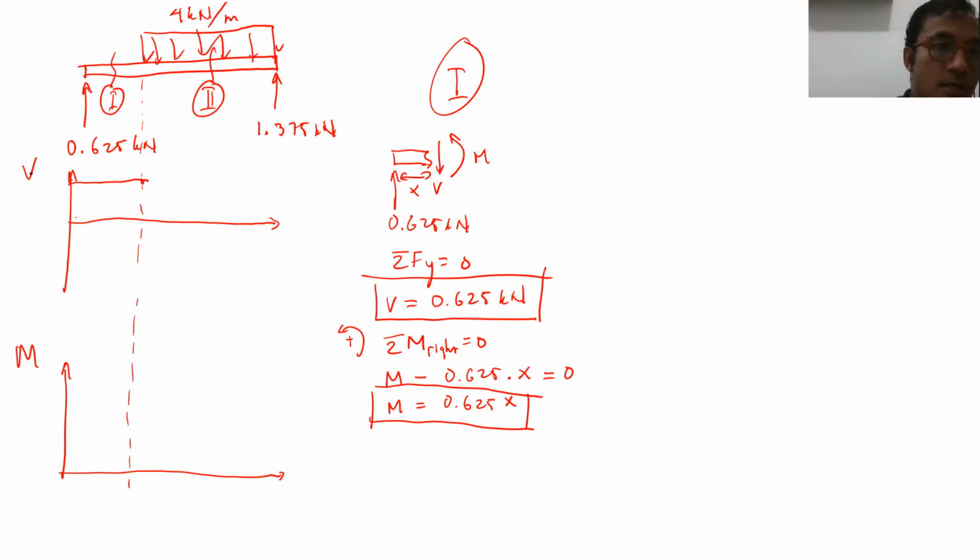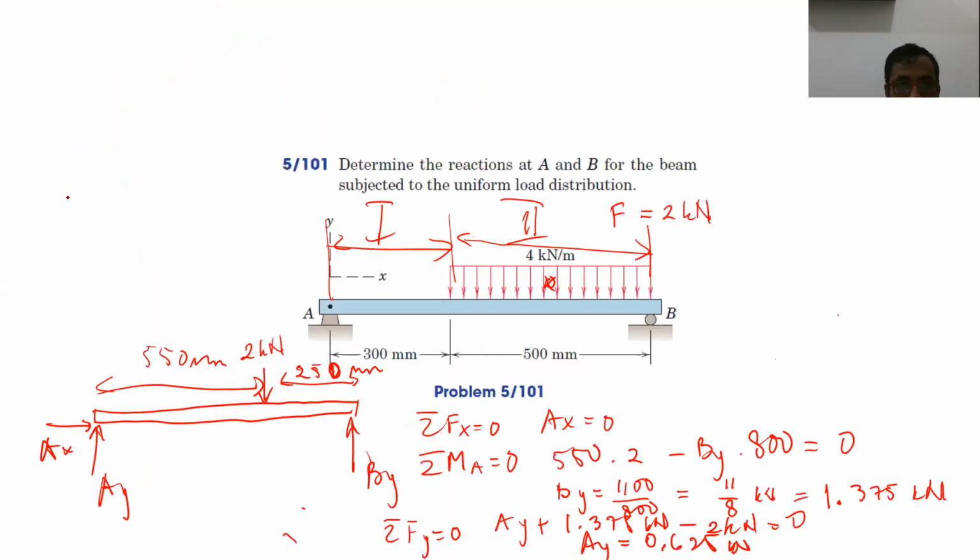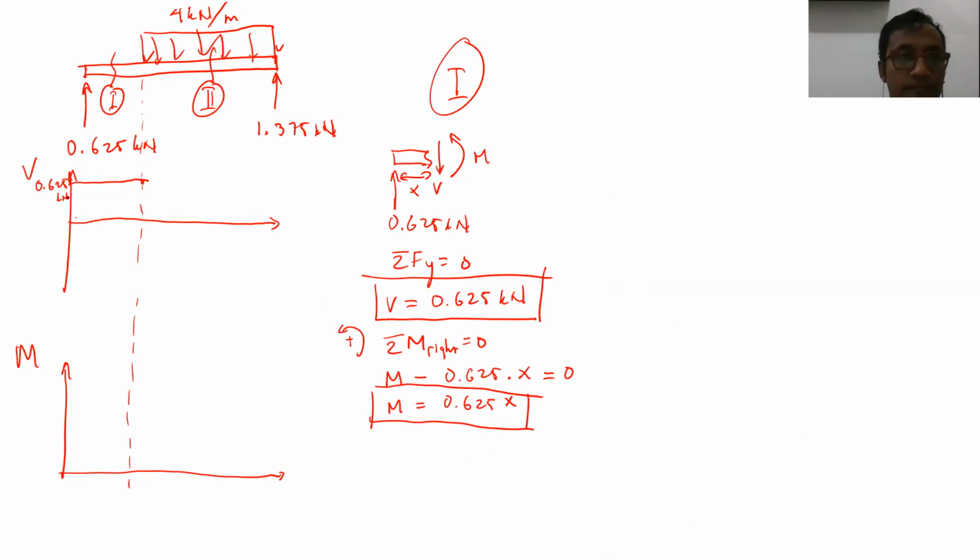Okay, and the value here is 0.625 kilonewton. Okay, then the next one will be the drawing of the internal moment.